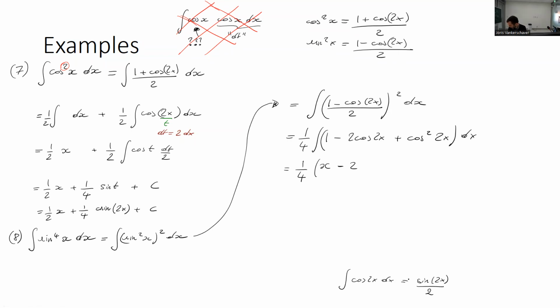If you take the derivative, you see that that works out. So we get minus 2 times sine 2x divided by 2. And then we still have, and I'm going to leave it explicit like this, the integral of cosine squared 2x. And so now we have to figure out what that is.